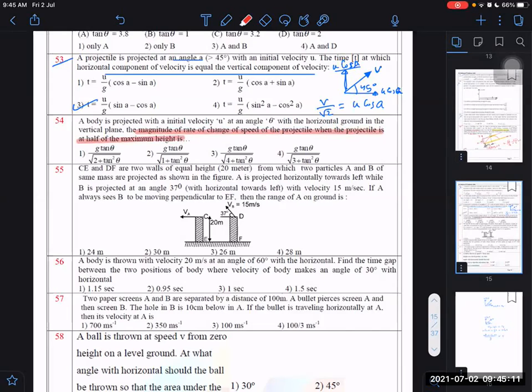What is the meaning of rate of change of speed? I have told you many times. It is tangential acceleration, so we are finding the tangential acceleration at half of the maximum height.